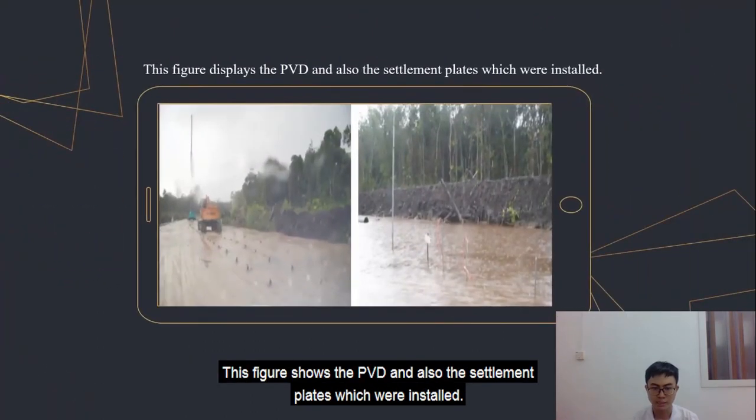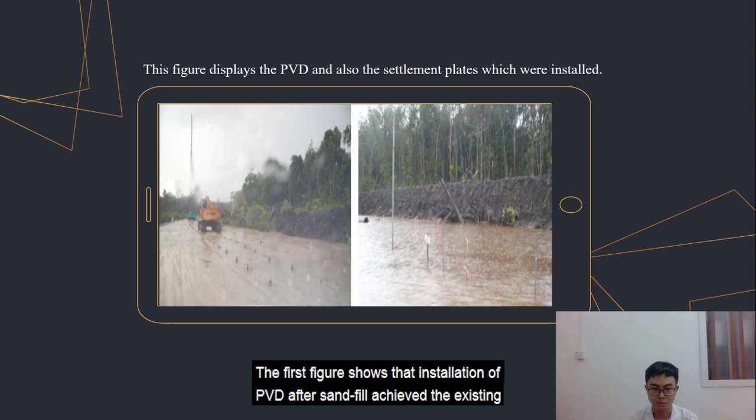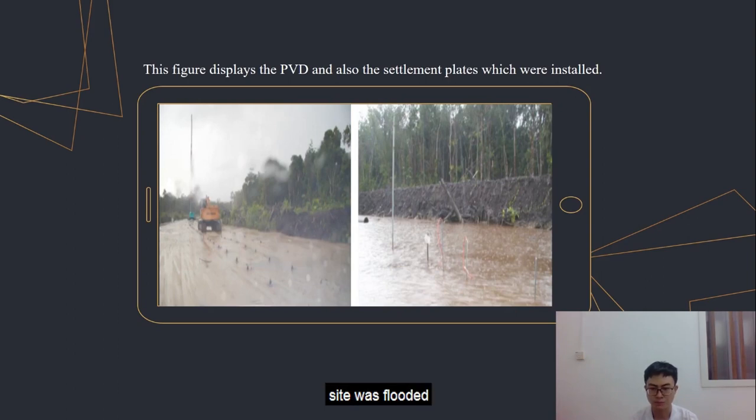This figure shows the PVD and the settlement plates which were installed. The first figure shows the installation of PVD after sand fill achieved the existing ground level. The second figure shows the condition of settlement plates while the site was flooded.